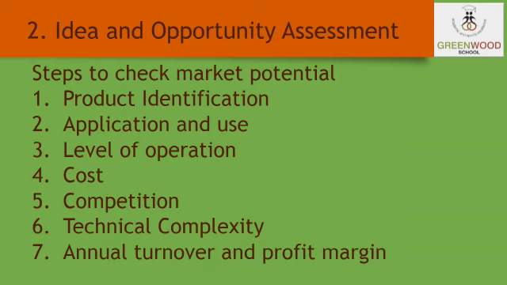It is to be seen whether such requirements could be met locally or will have to be sourced from outside. The last step is annual turnover and profit margin. The annual turnover has to be estimated as profits are based on the amount of net sales.